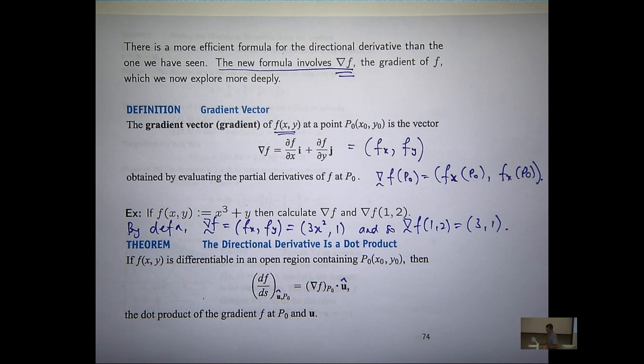Now I'm not going to prove that, but you can take that as a given. I don't have time to prove it today, but I'll prove some other stuff. But this is great because you don't have to worry about calculating limits. All you have to do is take a dot product. It's pretty convenient from a computational point of view. That's excellent.